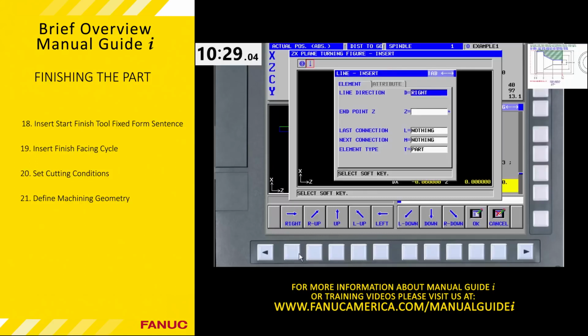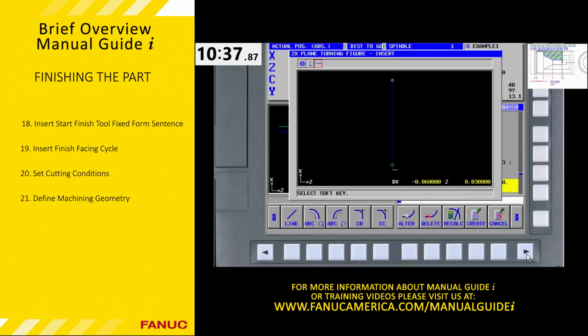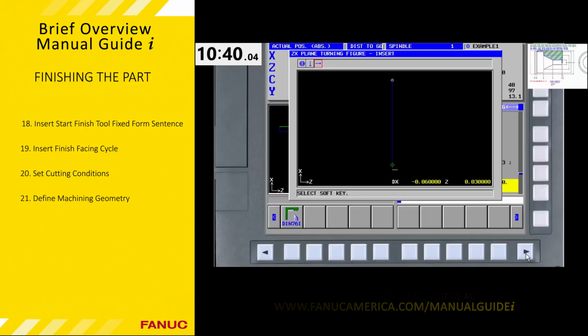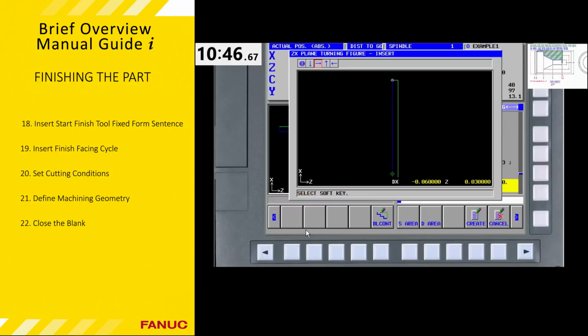There is only the 30 thousandths of material on the face from the roughing cycle to remove. Again, we close the blank and create the cycle inside the current program.